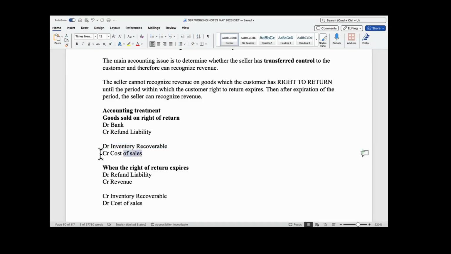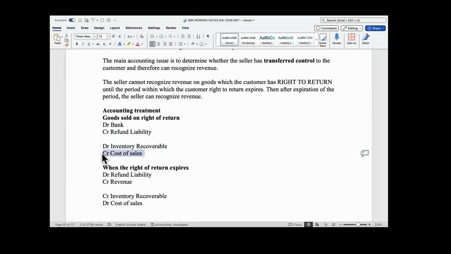So we are taking it away from purchases, away from our cost of sales, and putting it in an inventory recoverable account. This account shows that we are expecting inventory from the customer. You put it under current assets.